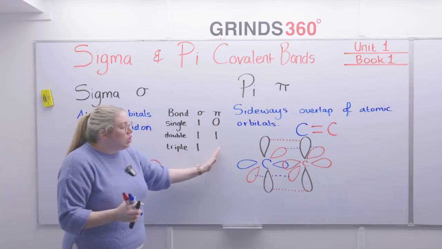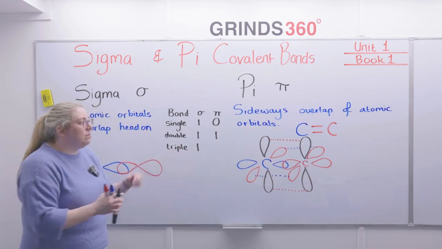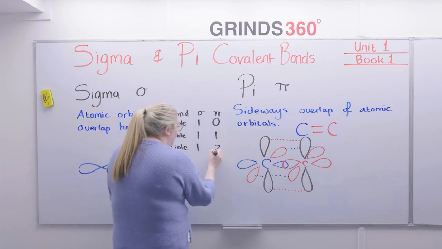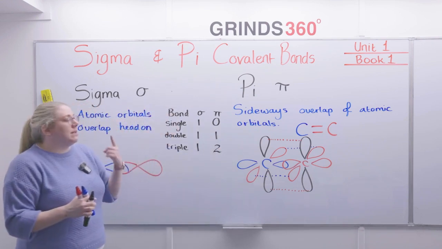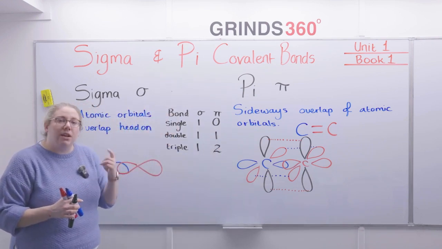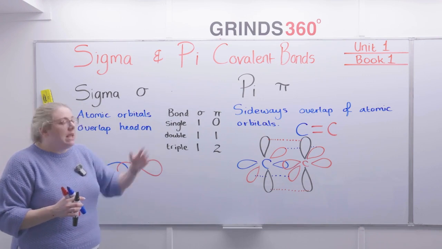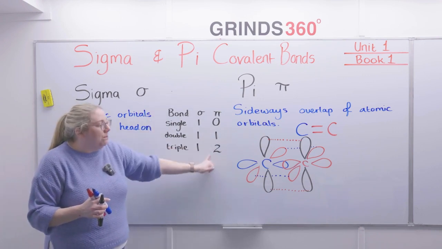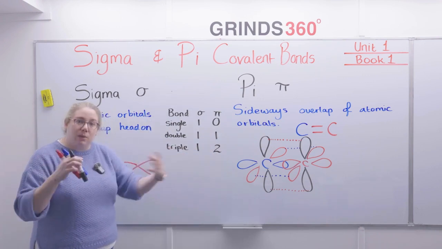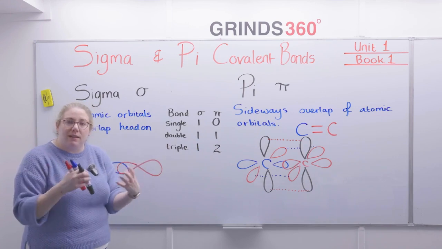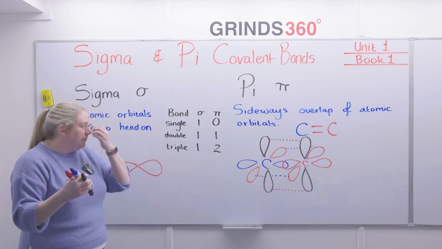And then the next 2 bonds that you form to make the triple bond have to be pi. No matter whether you are dealing with a single, double, or triple, you cannot have more than 1 sigma. The multiple bonds come from pi bonds overlapping between your orbitals overlapping to give you sideways pi bonds.